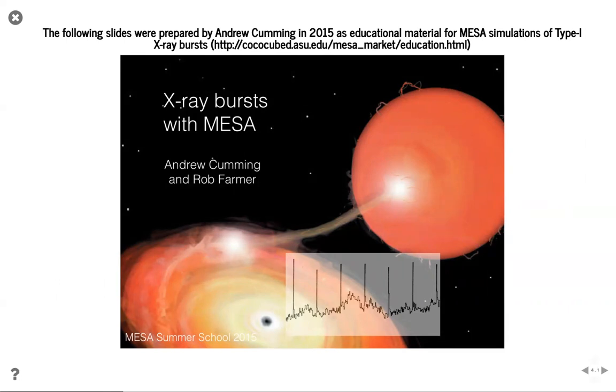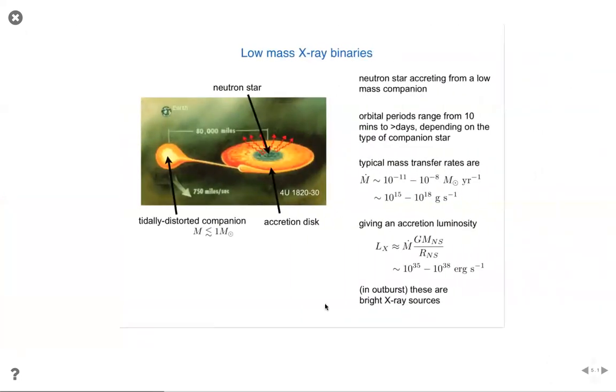This is just a beautiful picture which shows a close binary system with a red giant, a big red star that donates material through the inner Lagrange point to the neutron star. Of course, an accretion disk is formed around the neutron star, but because of the processes that occur in the accretion disk, the material finally ends up on the surface of the neutron star.